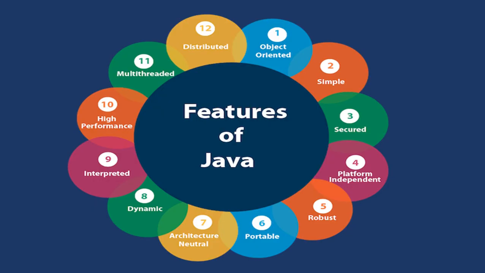So these are the features of Java, of which we have been discussing a few at the moment. As the lecture progresses, we will discuss briefly all the other features.